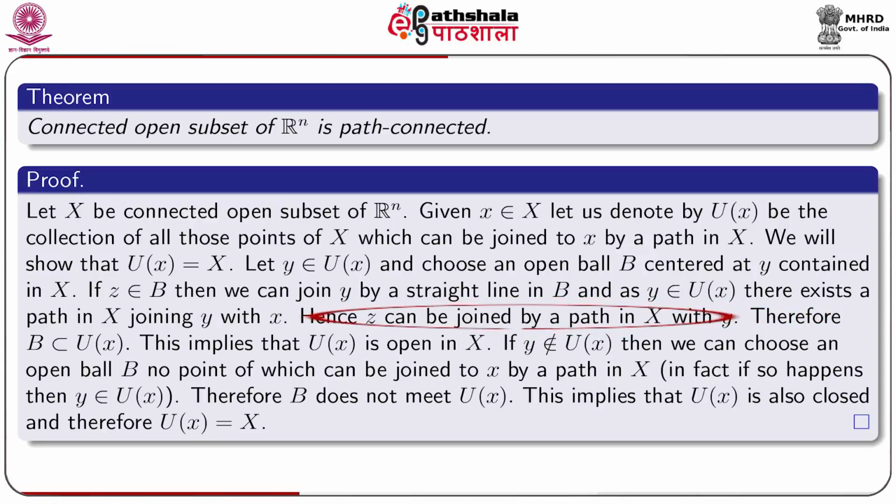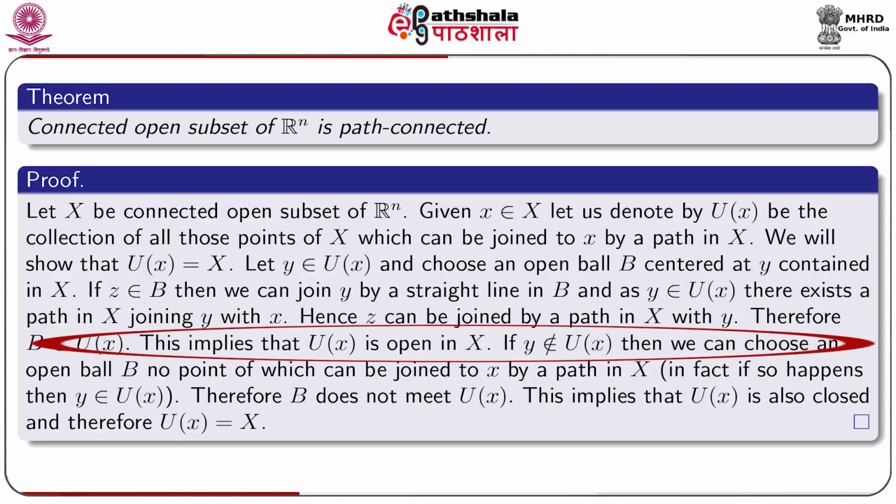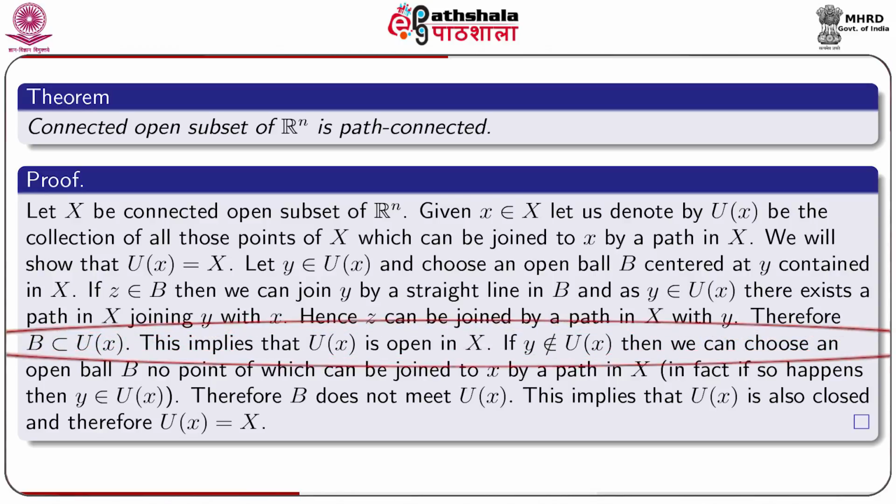Hence, z can be joined by a path in X with x. Therefore, B is contained in U_x. This implies that U_x is an open subset of X.